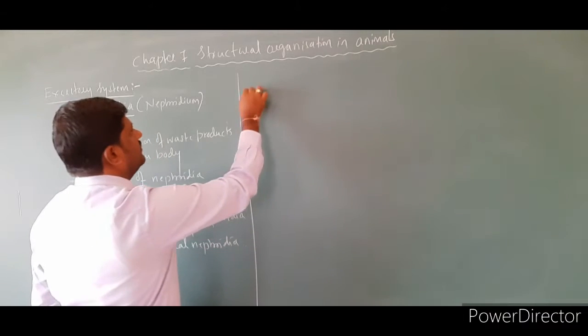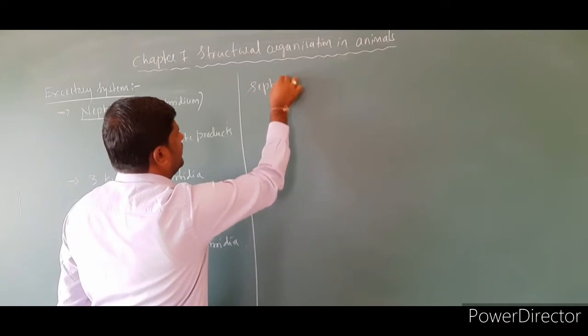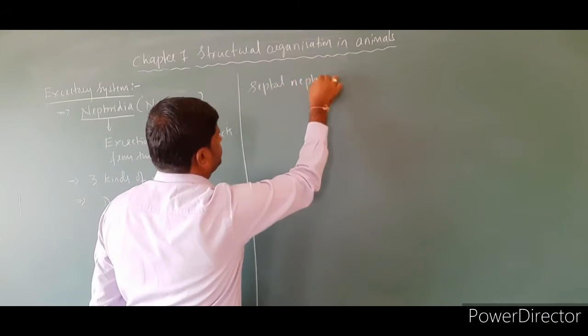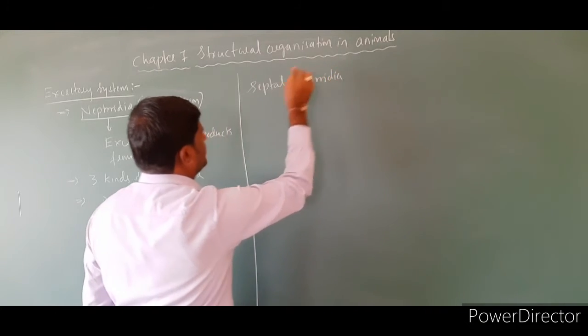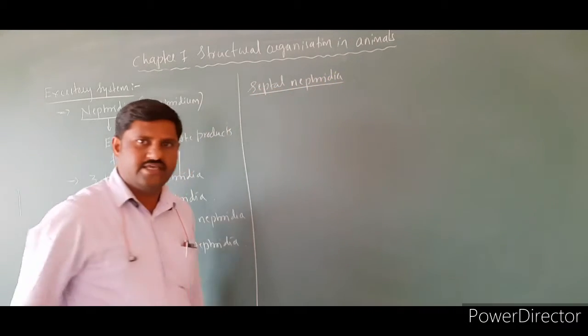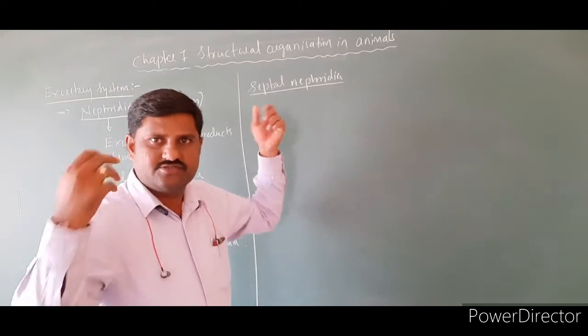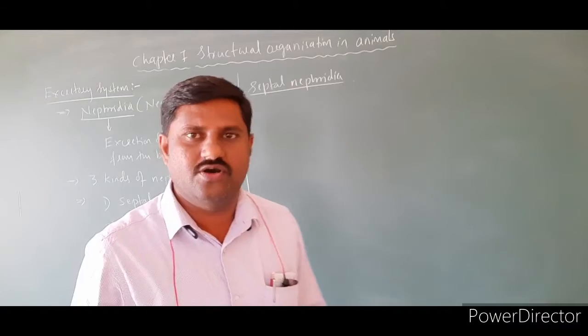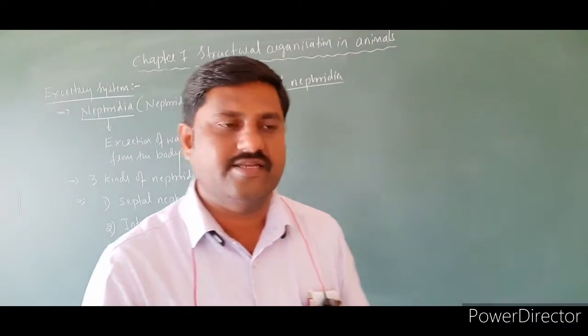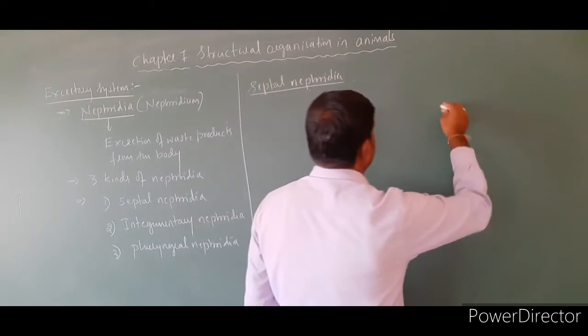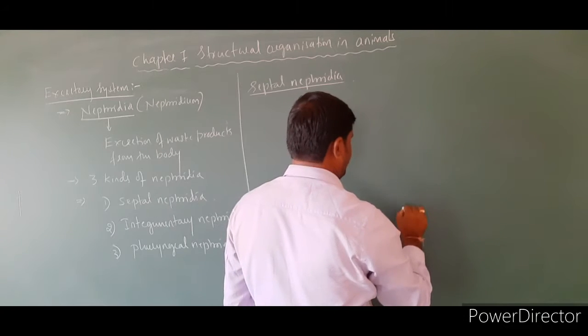See here, what are septal nephridia, right? Where are they actually present? As the name suggests, septa means there is a body wall. See here, the body is segmented in case of earthworm.